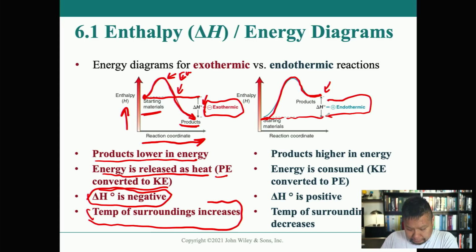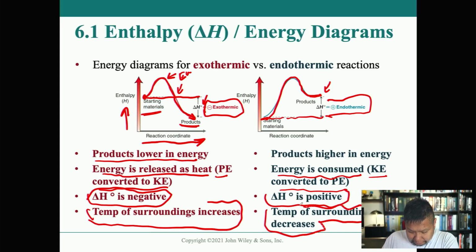Also, this time kinetic energy is converted into potential energy, because energy is actually being absorbed by the reaction. Energy is consumed.